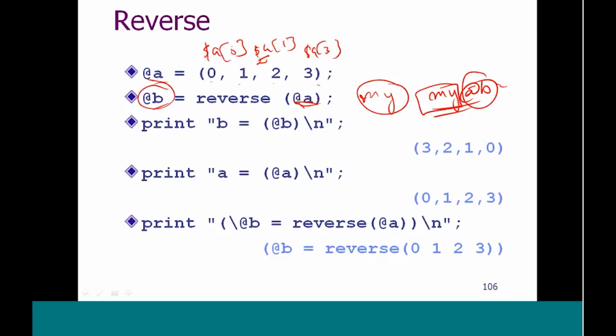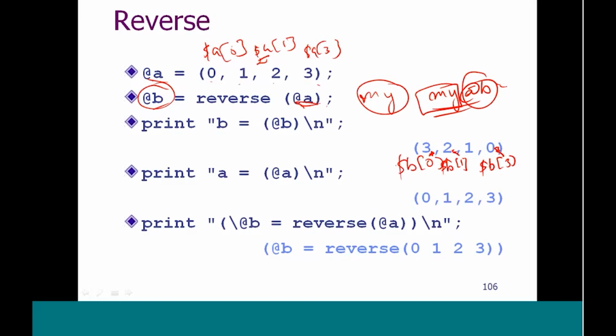So now let's look at this. When we say reverse, we are assigning this as a reverse. So for $B[0], that value is 3, and $B[1] is 2, and $B[3] is actually 0.